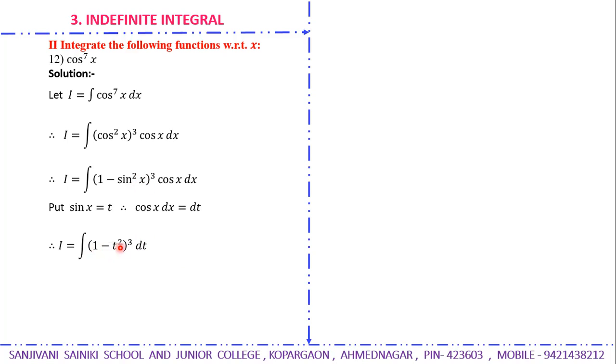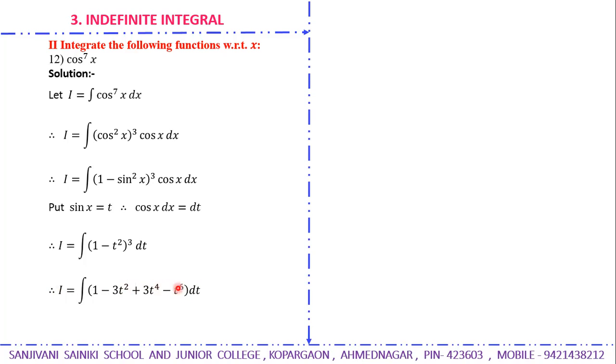So a minus b bracket cube is a cube minus 3a square b plus 3ab square minus b cube. Using that formula, you will get 1 minus 3t square plus 3t raised to 4 minus t raised to 6 into dt.